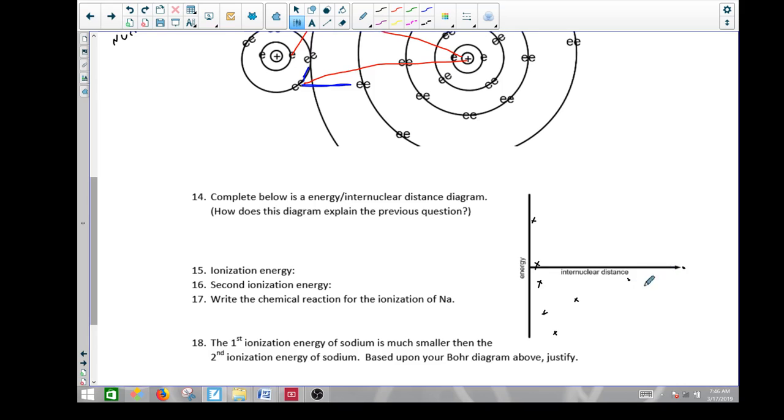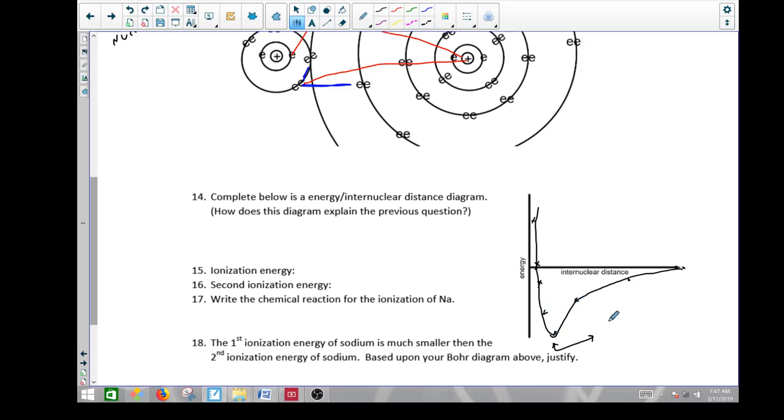This is a common chart that you'll see, and I don't care if you draw the lines all together like that. Okay. So what we have here is right here. This point is an interesting point. At this point, we're teeter-tottering between having too much repulsive force by being too close and, too far away, the attractive forces being bigger.